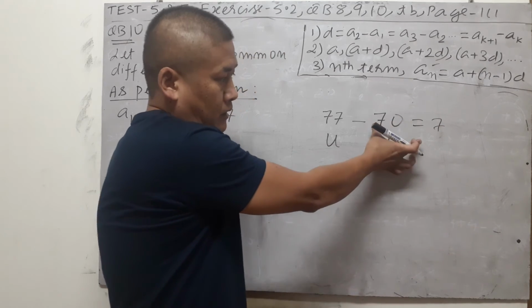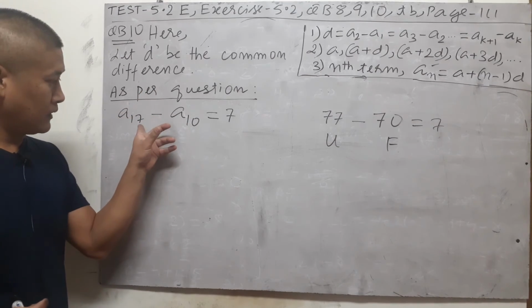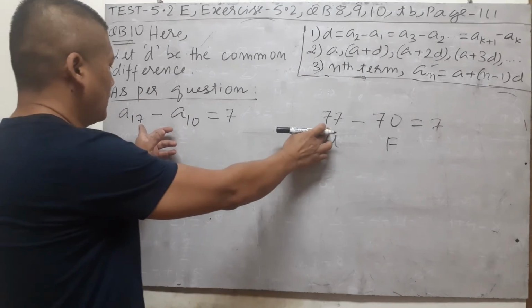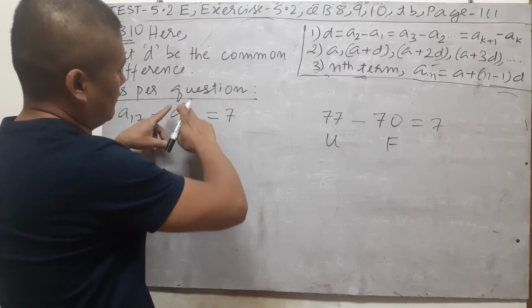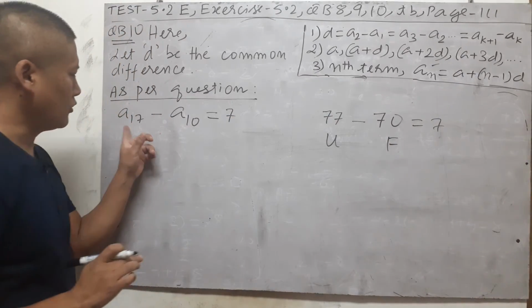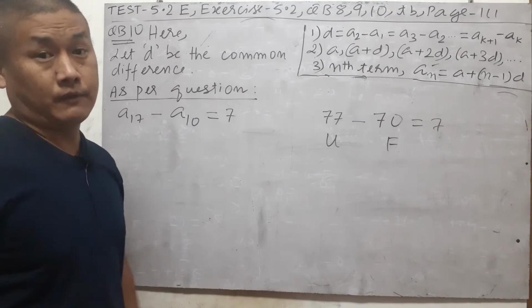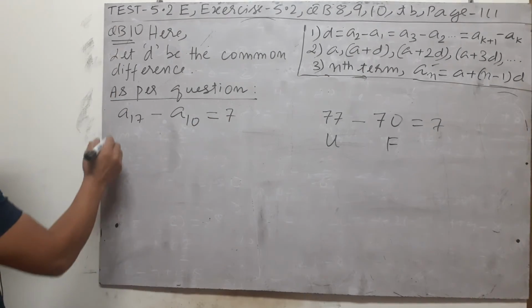Apply the same analogy: 17th term value is your mark, minus 10th term value, your friend's. The difference is 7. Are you getting it right?